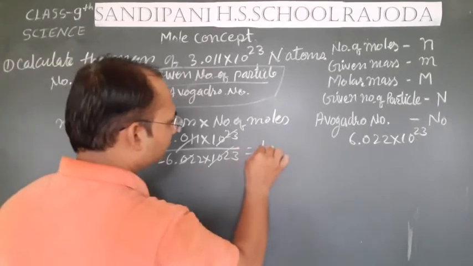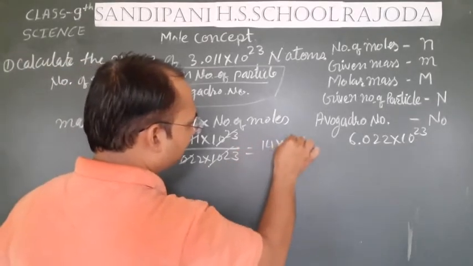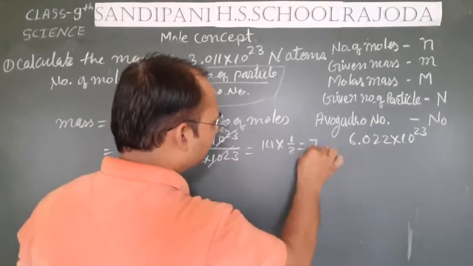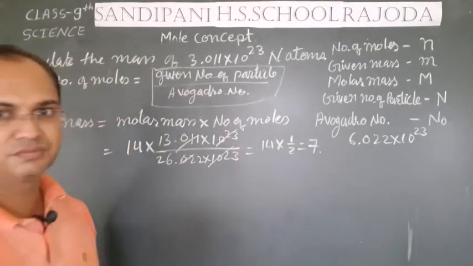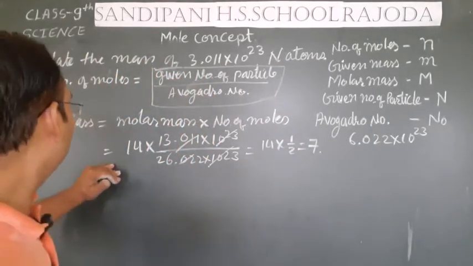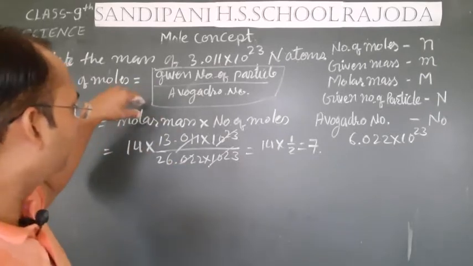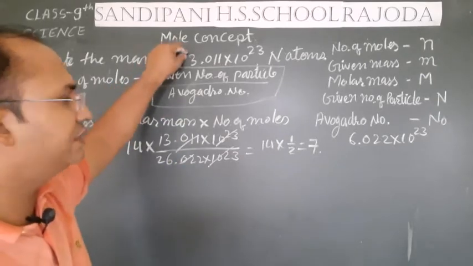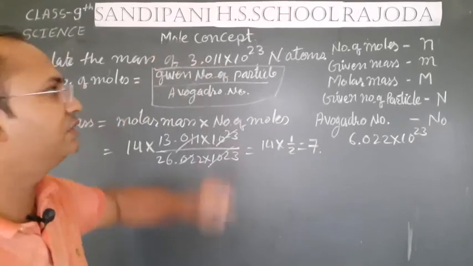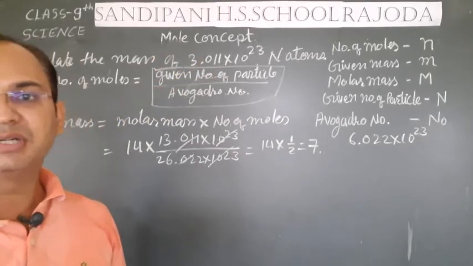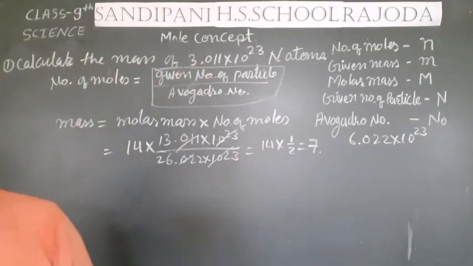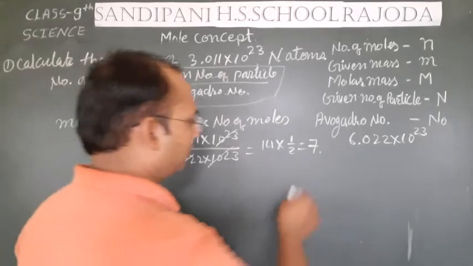So 14 multiplied by 1 upon 2 is equal to 7. So the mass of the given number of particles, that is 3.011 into 10 to the power 23, will be 7 gram.